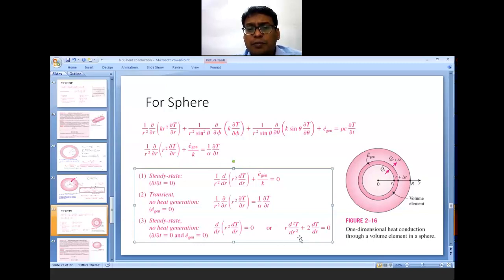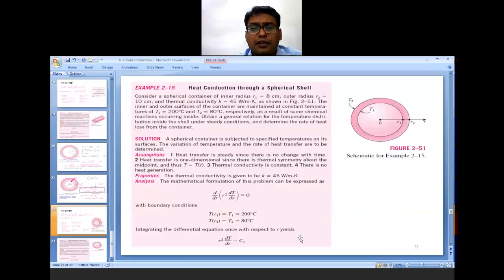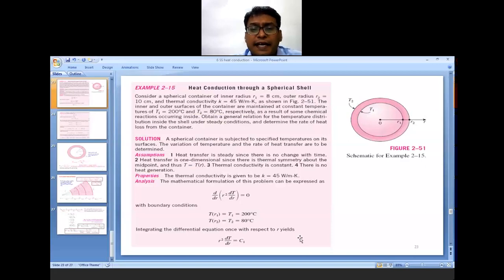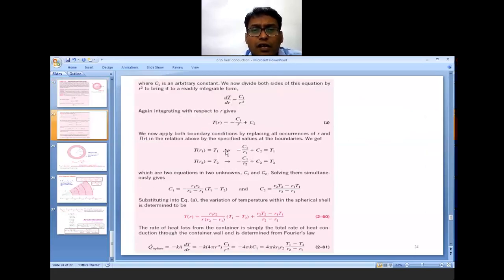After this it can be simplified, and then you have to integrate it twice to obtain the general temperature gradient. After integration, dT upon dr is C1 upon r square. Then calculating the values of C1 and C2 and substituting, you will get the variation of temperature within the spherical shape.